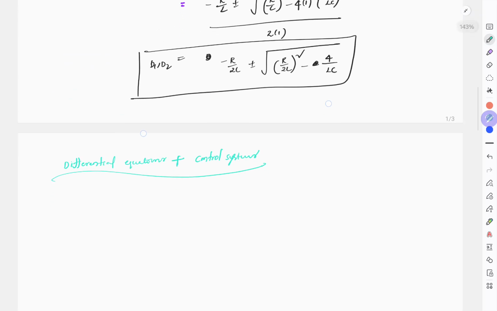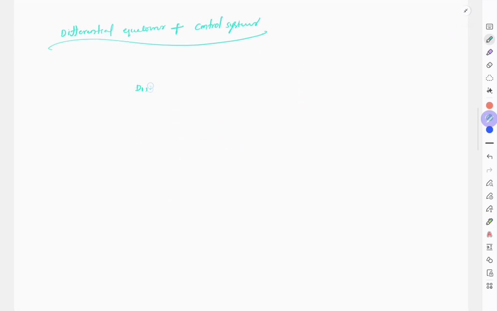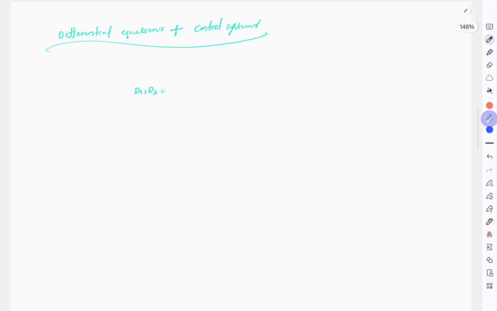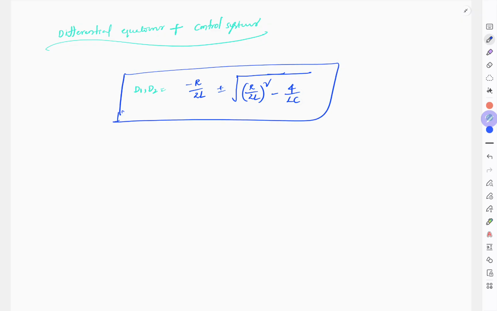Finally we can write down the same equation again: D1, D2 equals minus R by 2L plus or minus the root, this is the actual equation, right? From here, first let us consider case 1.